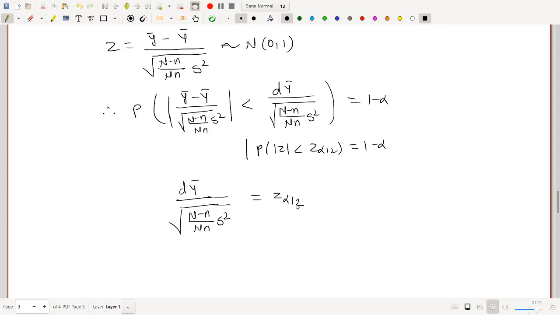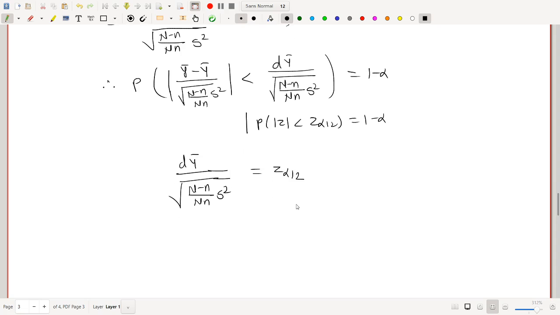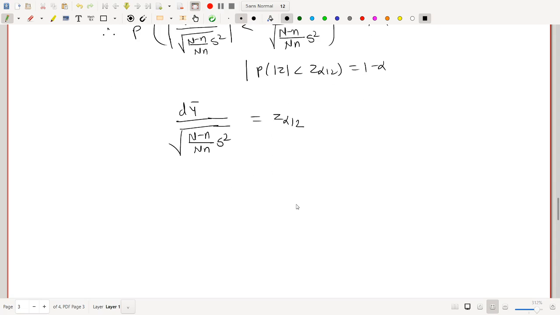Now we want to solve this equation for small n because we want to find the sample size. So this implies d Y bar into root n divided by root of N minus n into S square is equal to z alpha by 2.